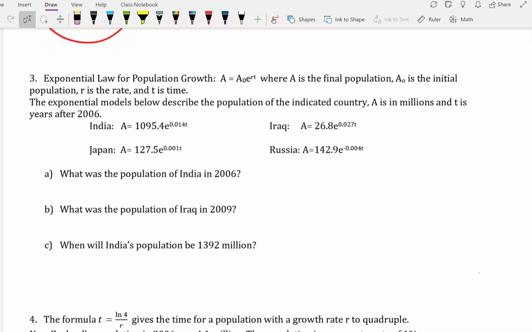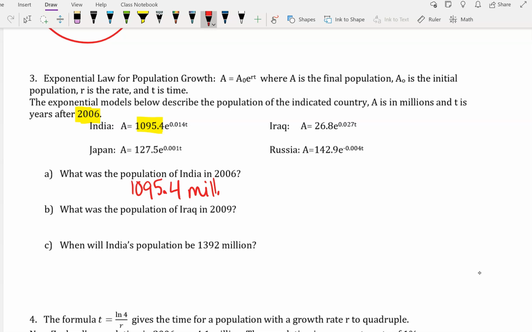A is in millions and T is in years after 2016. So this is all starting in 2016. So all of the principal values are the populations as of 2016. So for India, the principal value was 1095.4 million. So that's the population in 2016.